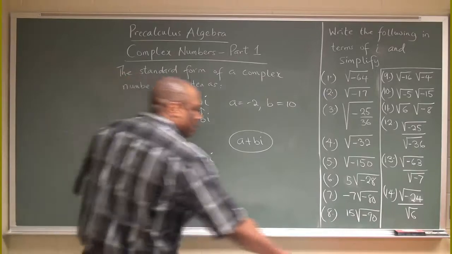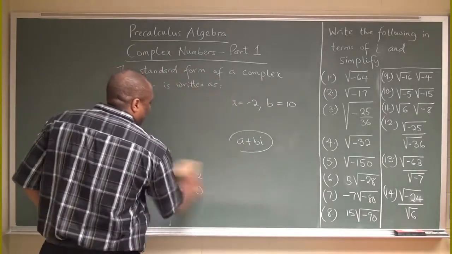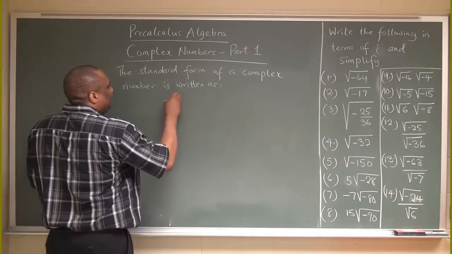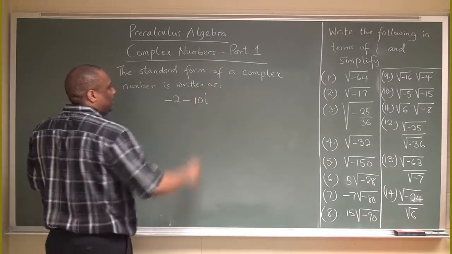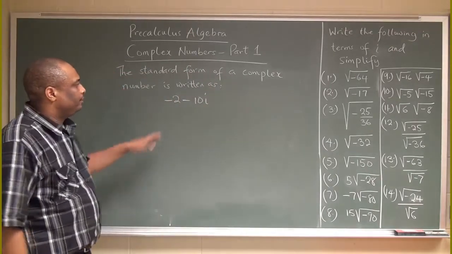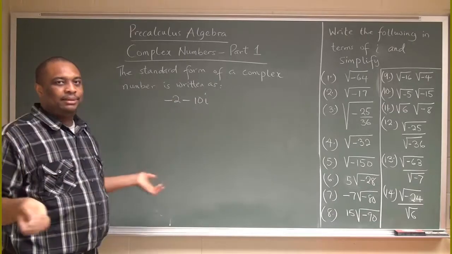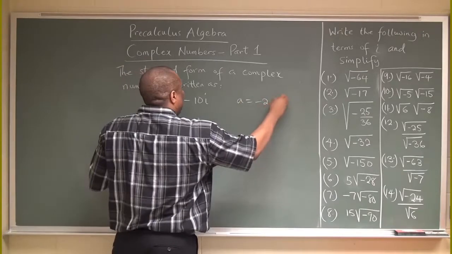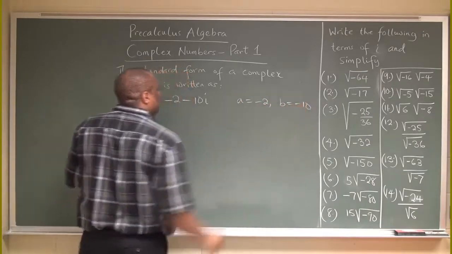Alright, let's look at another example. What if we have -2 minus 10i? In this case, it's still the same thing. Our A is -2, and our B is -10. Why?